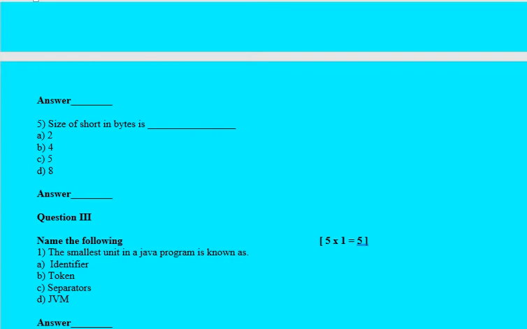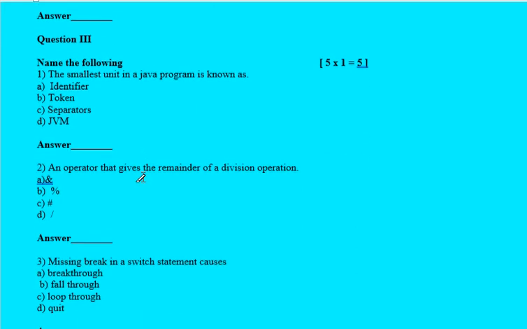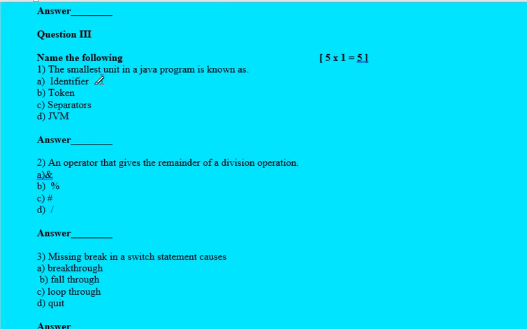Size of short and byte is 2. Coming to question number 3, name the following. The smallest unit in the Java program is known as identifier, token, separator, JVM.